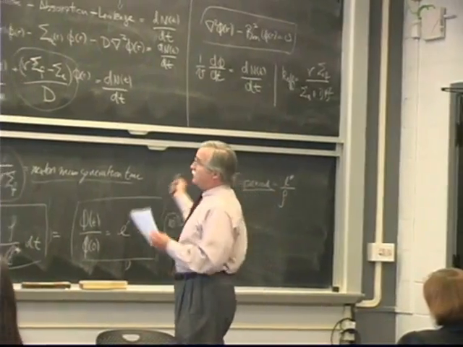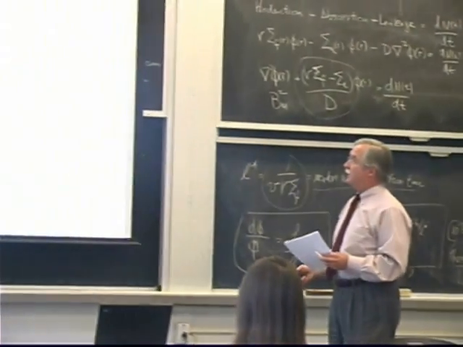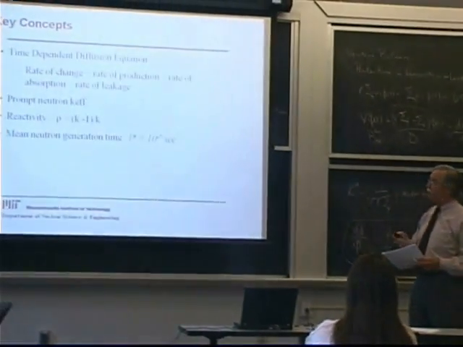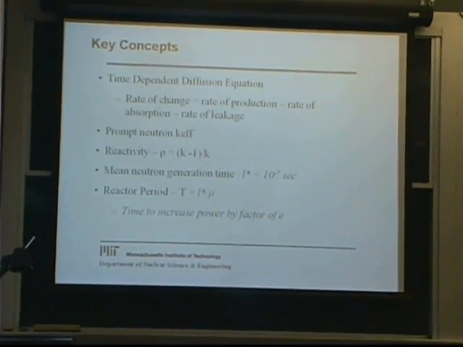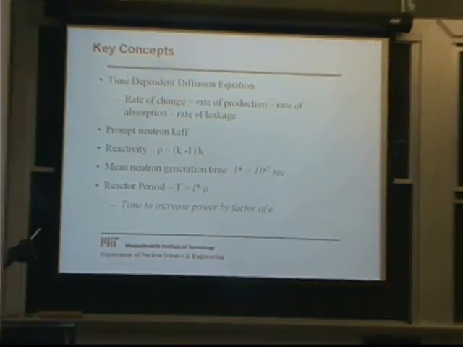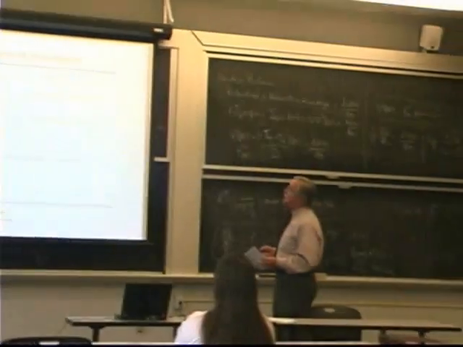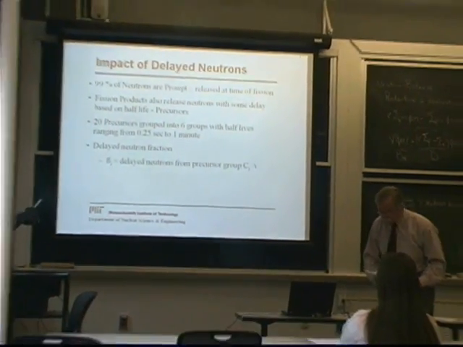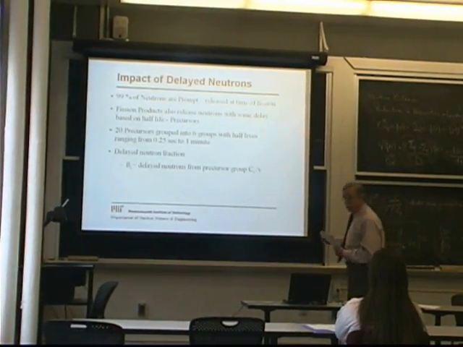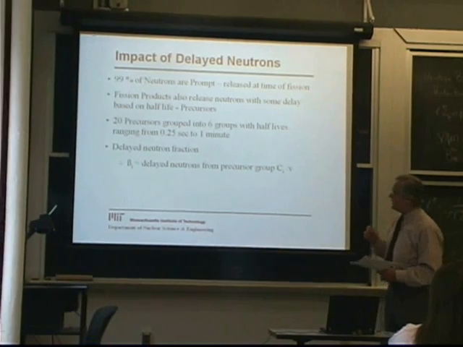We have the reactivity term, which we've gone through, mean neutron generation time, 10 to the minus 7, the reactor period, and it's also a measure of the time to increase the flux by a factor of E. Now, the good news is that not all the neutrons are prompt, and 99% of them are, and that's at least the time of fission.